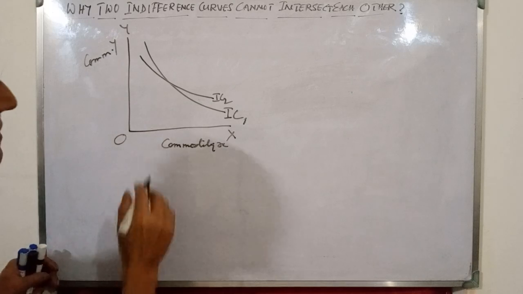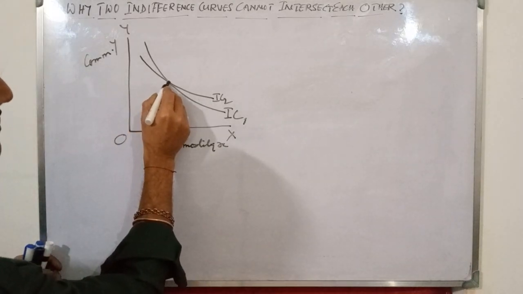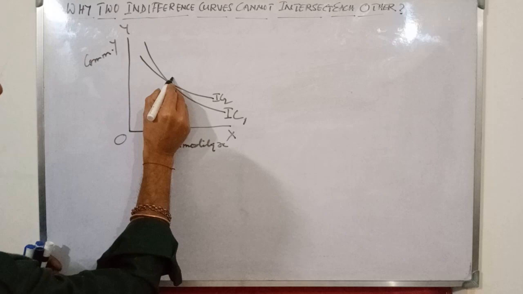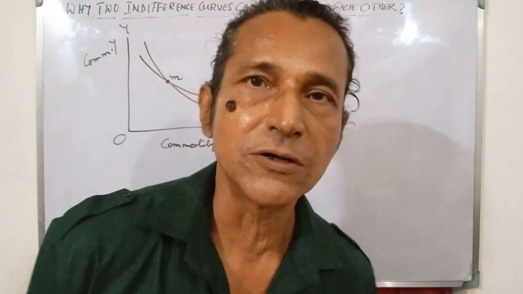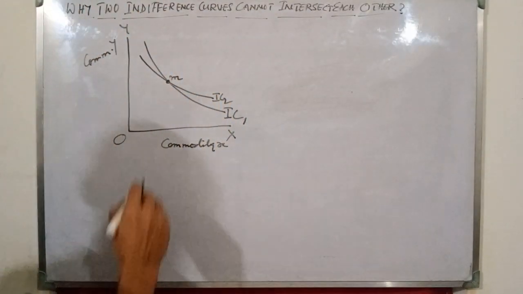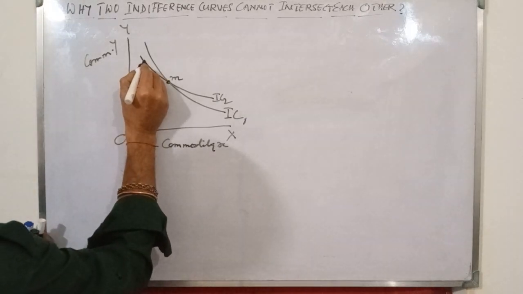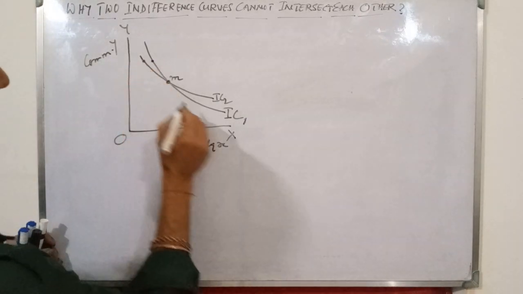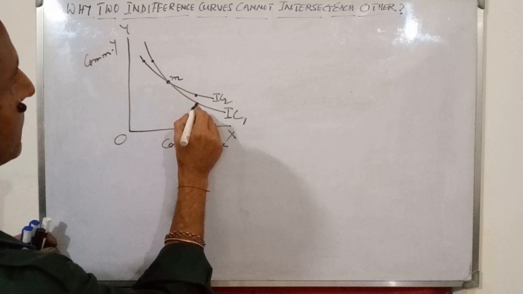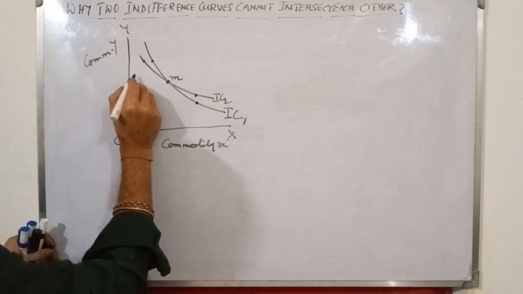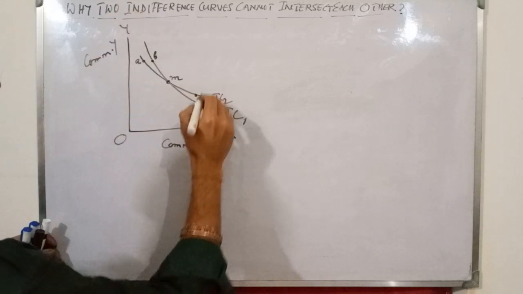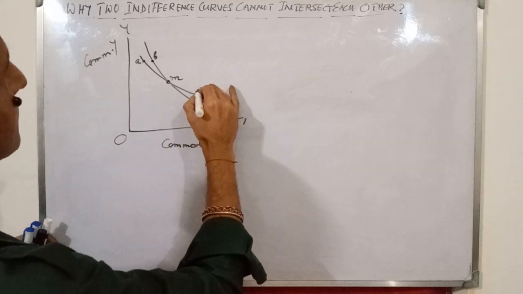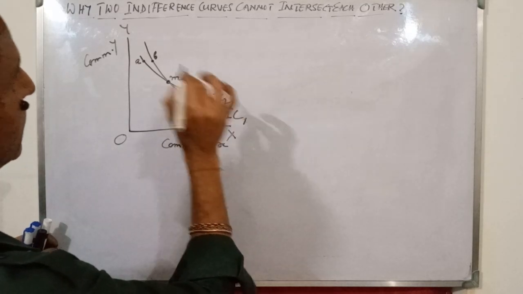Let these two indifference curves intersect at this point, which is, say, M. So M is the point of intersection between IC1 and IC2. Now consider these two points and these two points. Say this is point A, this is point B, this is point C, and this is point D.